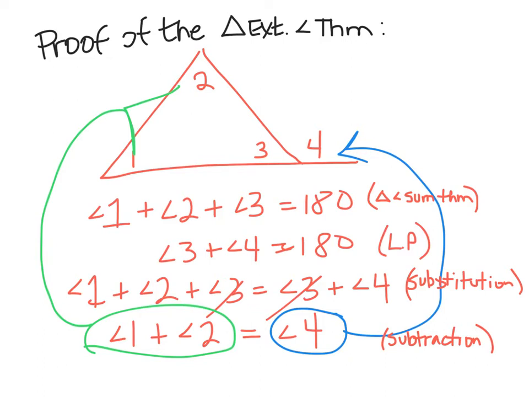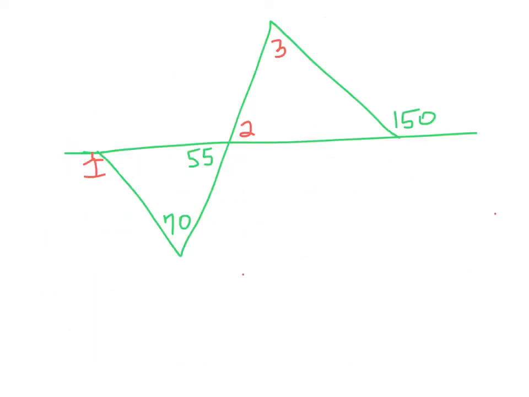All right, we're going to solve for angles 1, 2, and 3. So there's lots of ways to do it. Angle 1 is an exterior angle. So see how this side is extended out and it forms an angle right next to the triangle. So angle 1 is right here, and it is equal to the sum of the 2 remote interior angles.